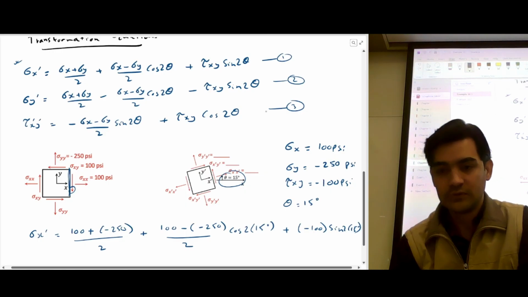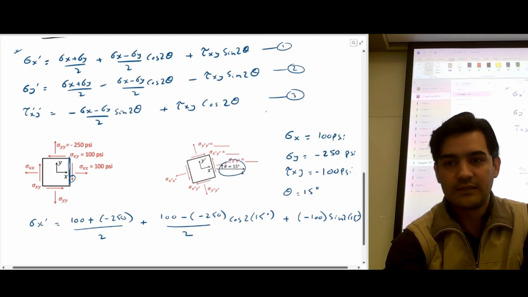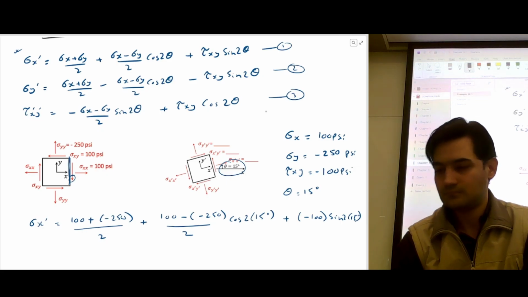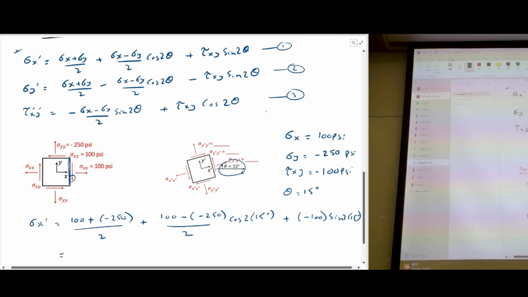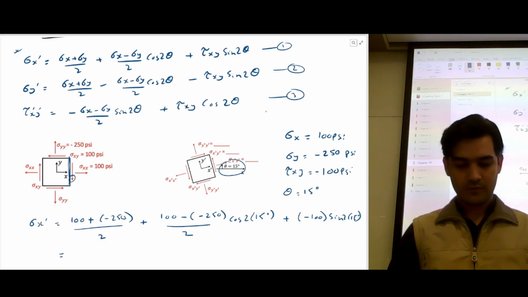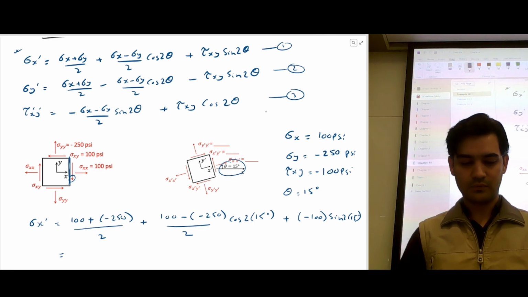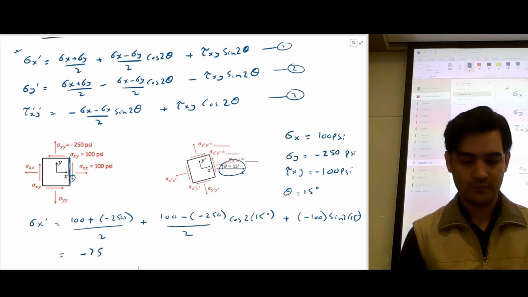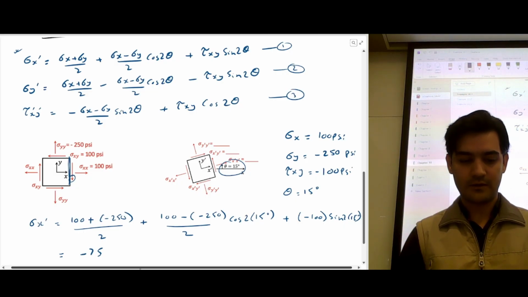If you solve this, you can try and see what you get. So 100 minus 250 divided by 2 is negative 75, and then you have 100 plus 250 divided by 2 times cos of 30 degrees.